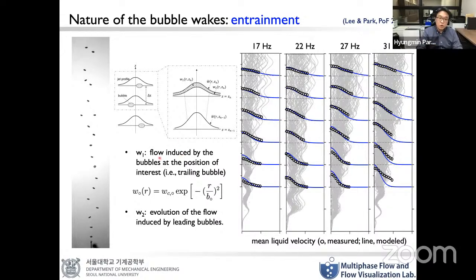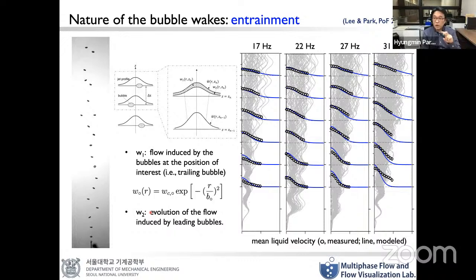Here we used two contributions. One is W1, which is the flow induced by the bubbles at the position of our interest, which means it is the contribution by the trailing bubble. And the second velocity component is the evolution or spreading in the lateral direction of the flow induced by the leading bubble.